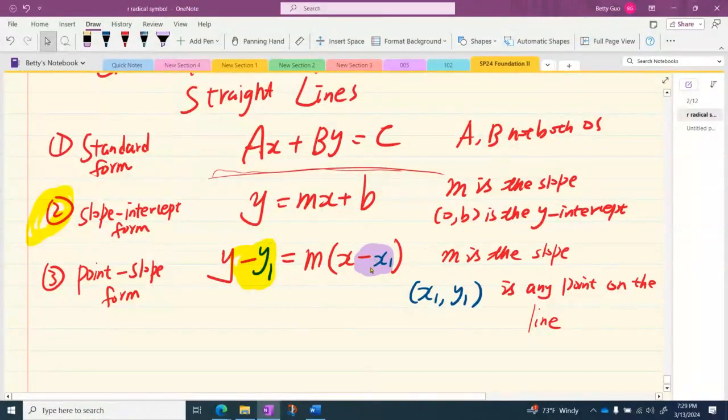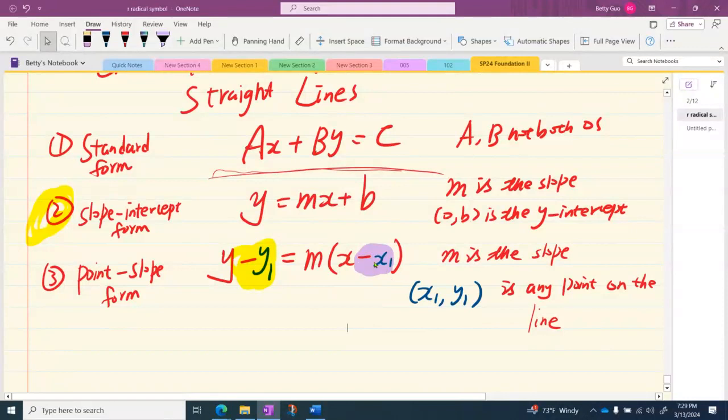Look at the purple I just shaded. It's in the parentheses, right? In the parentheses, we have variable x plus a number. I'm using adding, okay? And that number is the opposite of the first component of the given point.